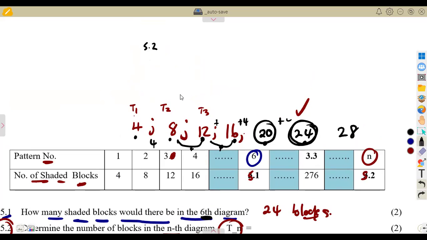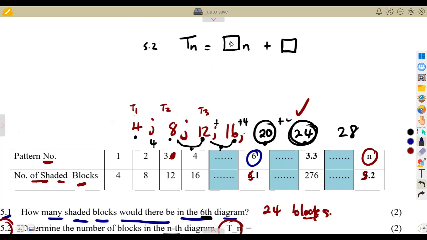So it's a linear pattern. I said whenever you see that, your Tn is going to be written as a certain number times n plus a certain number. The number you multiply n by represents the common difference.